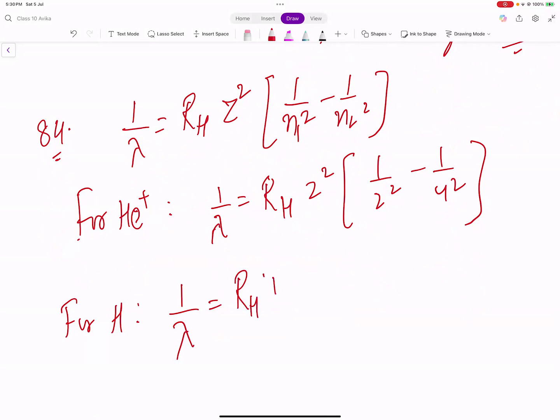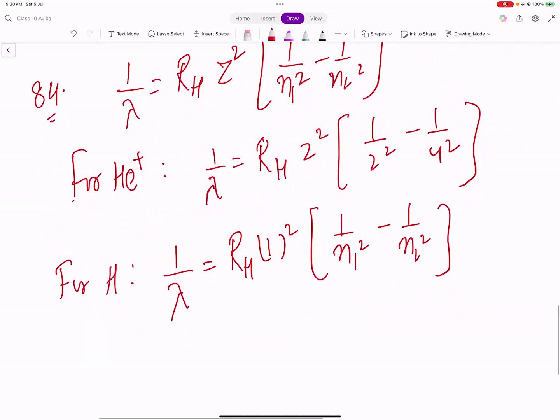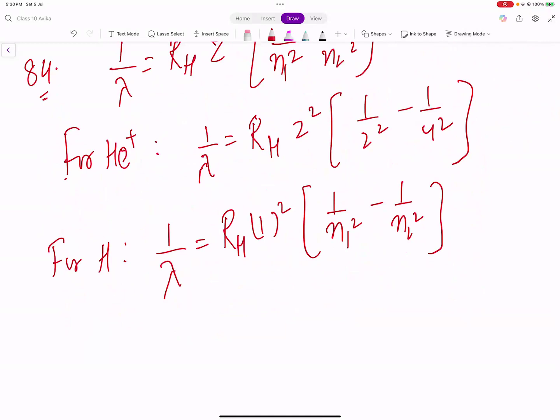So these two things must be same, right? Above thing I can write as RH into 1 by 1 square minus 1 by 2 square, since I have multiplied 2 squares.